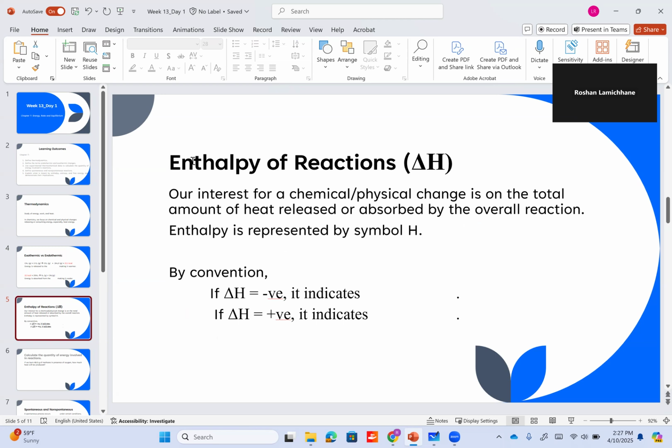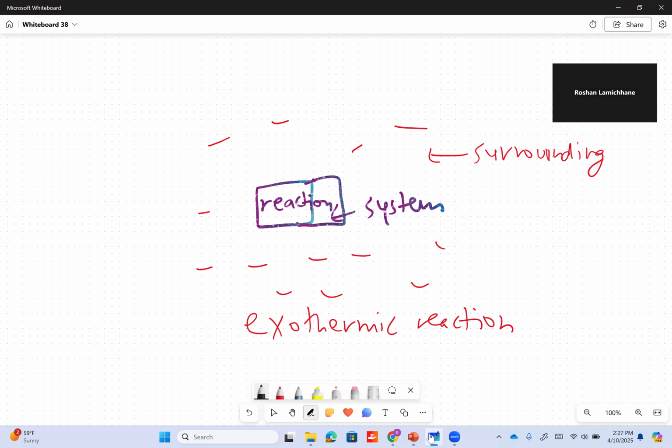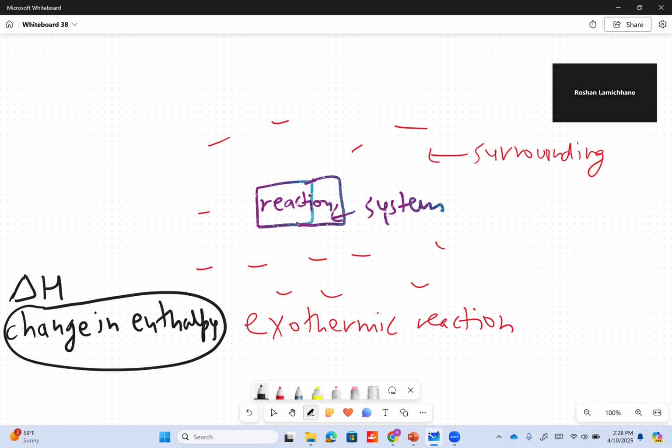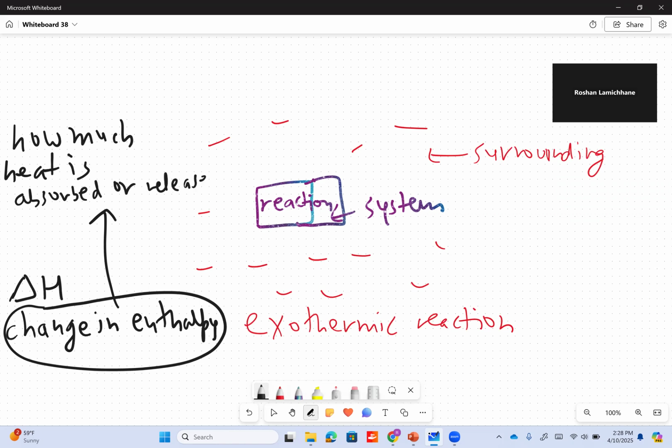Anytime someone says enthalpy of reaction, it is denoted by delta H. Delta always means change in, and H is enthalpy. This is just a fancy term for telling our audience how much heat is absorbed or released by a reaction.